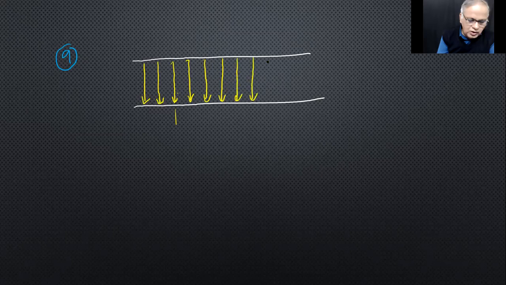So this is E between two parallel plates. The top one is plus charge, the bottom one is minus charge, that's why the field lines are like that. These are metal plates, or parallel plates of a capacitor, whatever. The length of the plates is L.